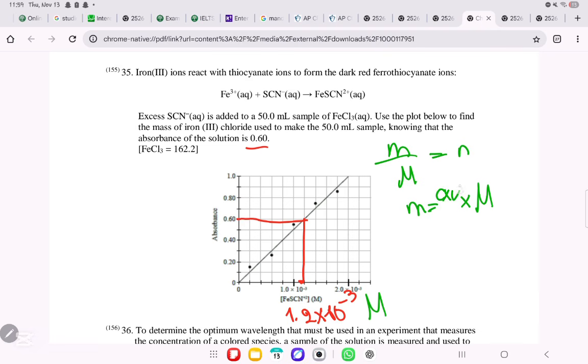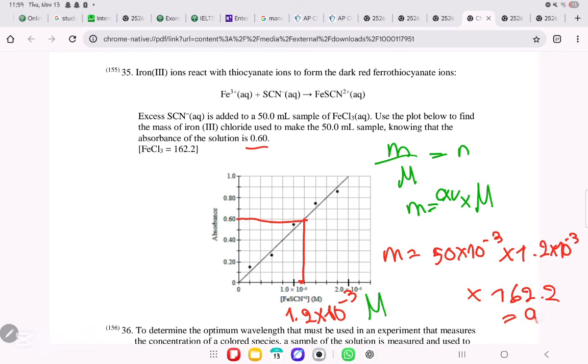So now my mass is going to be 50 times 10 to the power of minus 3 liters, times my concentration, which is 1.2 times 10 to the power of minus 3, times the molar mass of FeCl3, which is 162.2. Put it on the calculator, you will get 9.7 times 10 to the power of minus 3 grams.